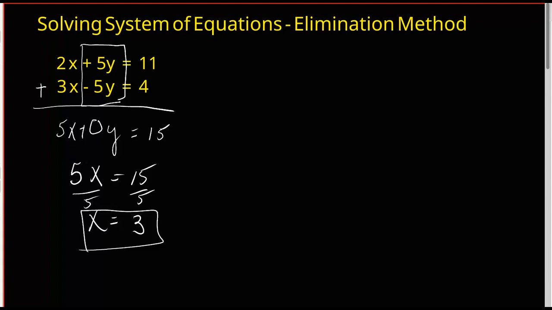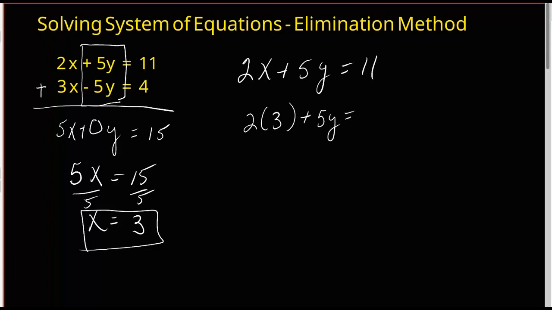Now we can take this 3 and plug it into either the top or the bottom equation. So if I take the top equation, 2x plus 5y equals 11, if I substitute a 3 for the x, like this, I would get 6 plus 5y equals 11.